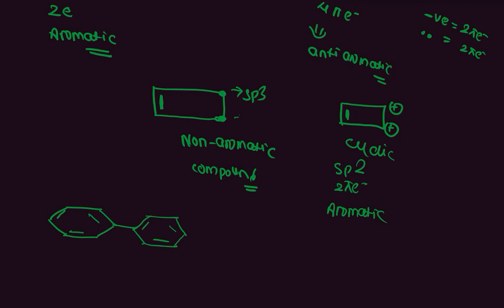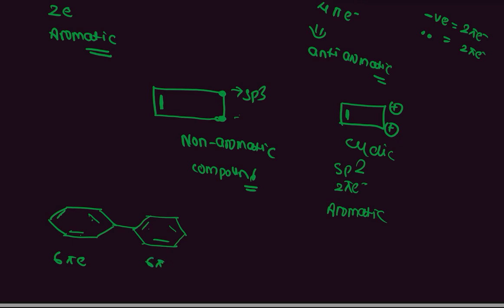We do not count all the electrons together, we just consider each separate ring's electrons. For example, one, two, three means six pi electrons. This is an example of an isolated ring, so this is also an aromatic compound.